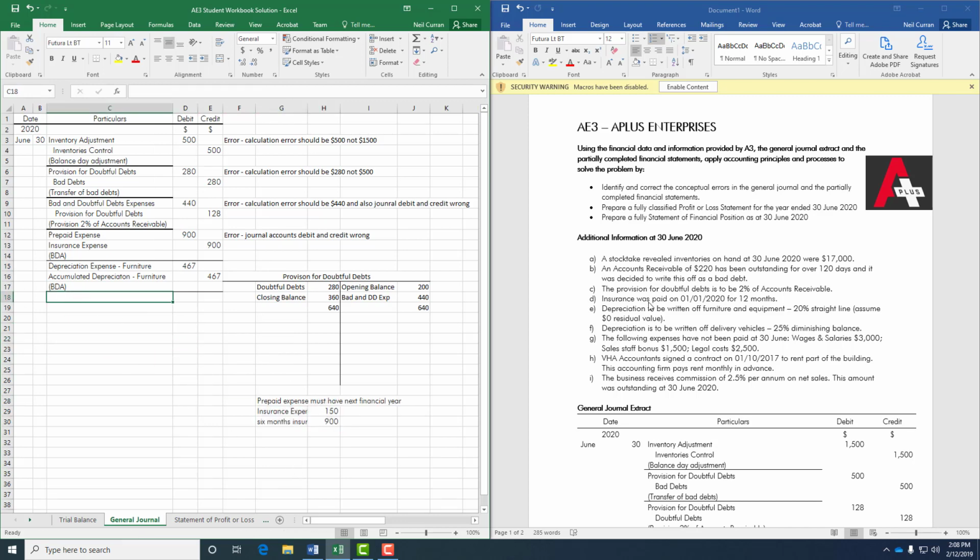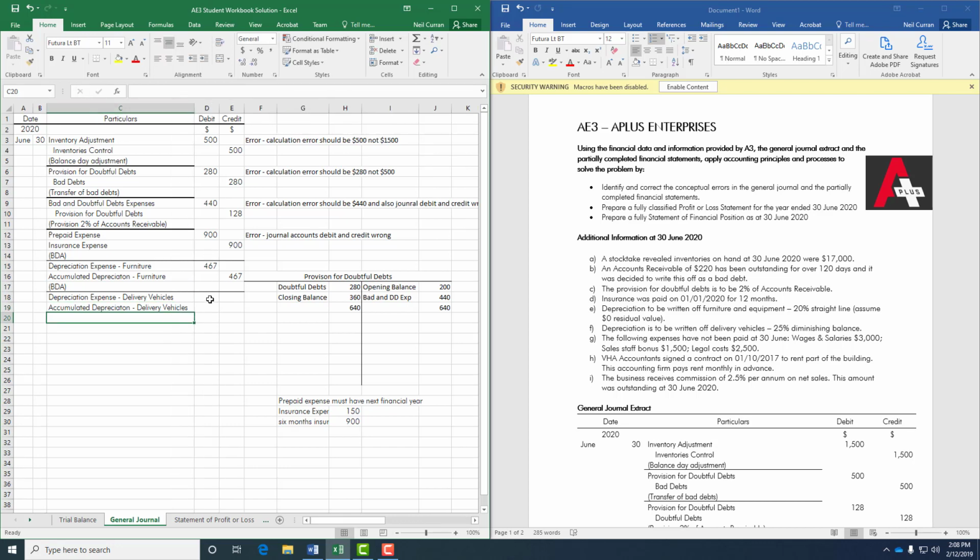Okay, and so the next one we're going to do is the delivery vehicles. Now the calculation is different for that.